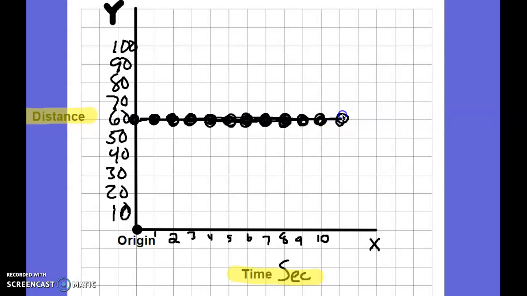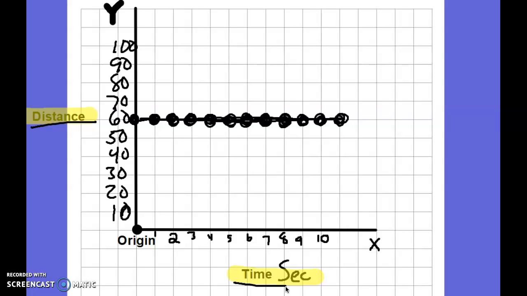And that's very important to notice, because if the car is sitting at the same spot, it is not in motion. When we have a straight line like this, well, I should say a horizontal line, because a vertical line would be very different. But when we have a horizontal line on a distance time graph, you know that the object, whatever that object is, is not moving.